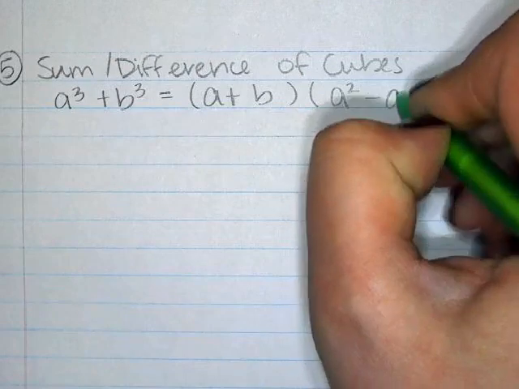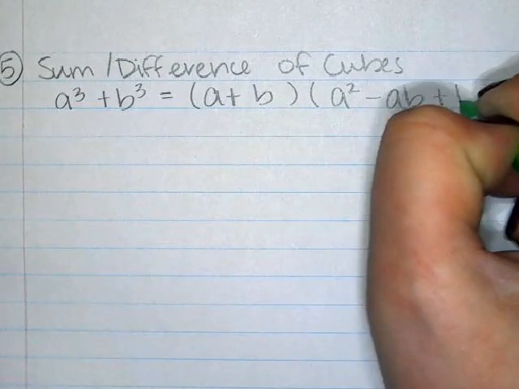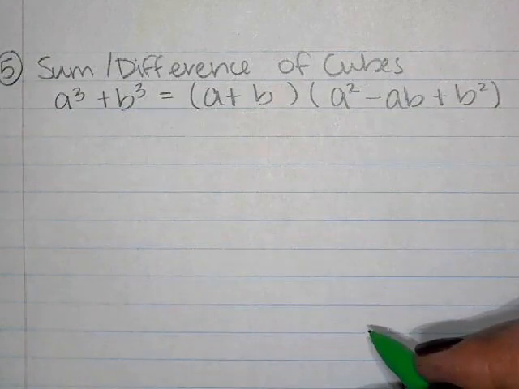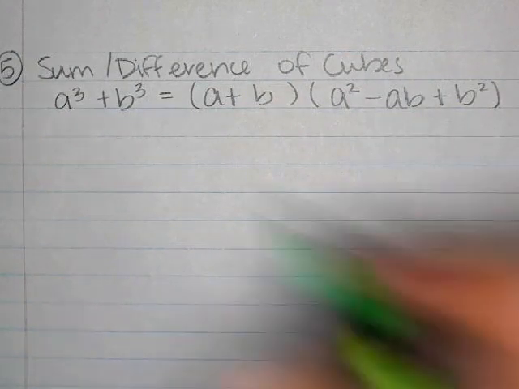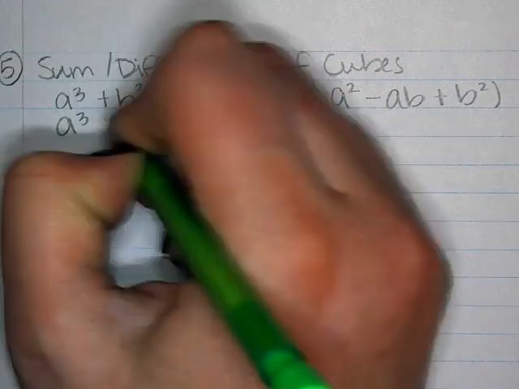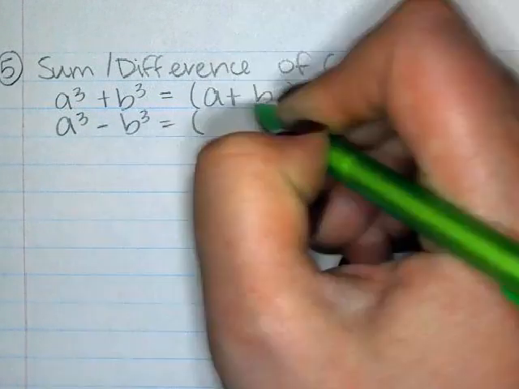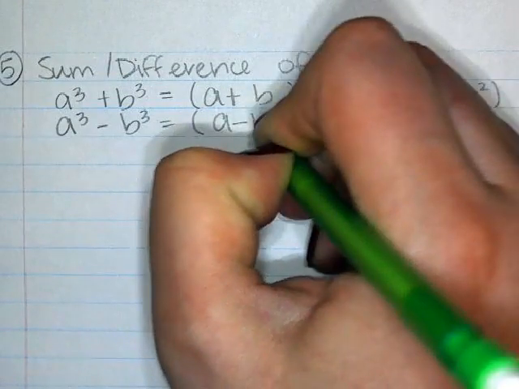And then the difference version would be a cubed minus b cubed. The first set of parentheses would be a minus b. The second set of parentheses would be a squared plus ab plus b squared.